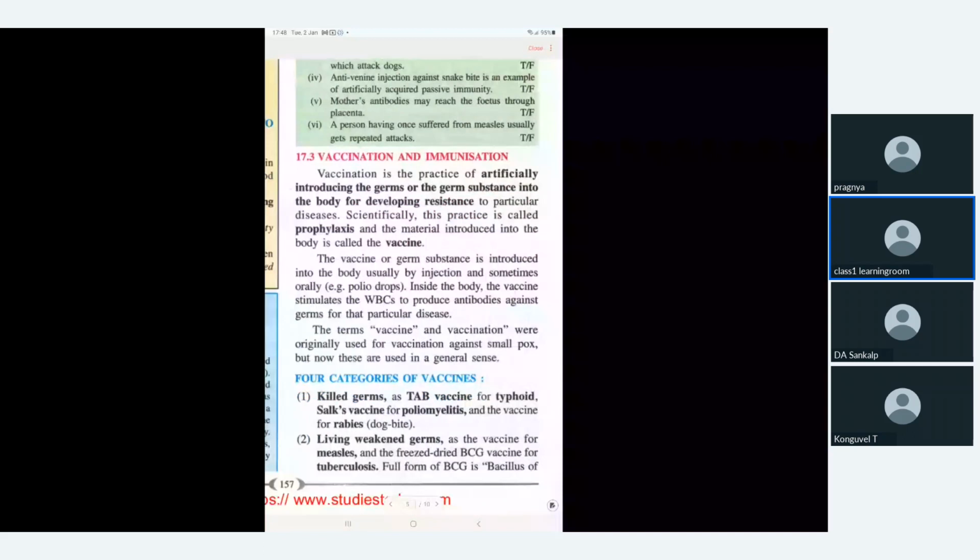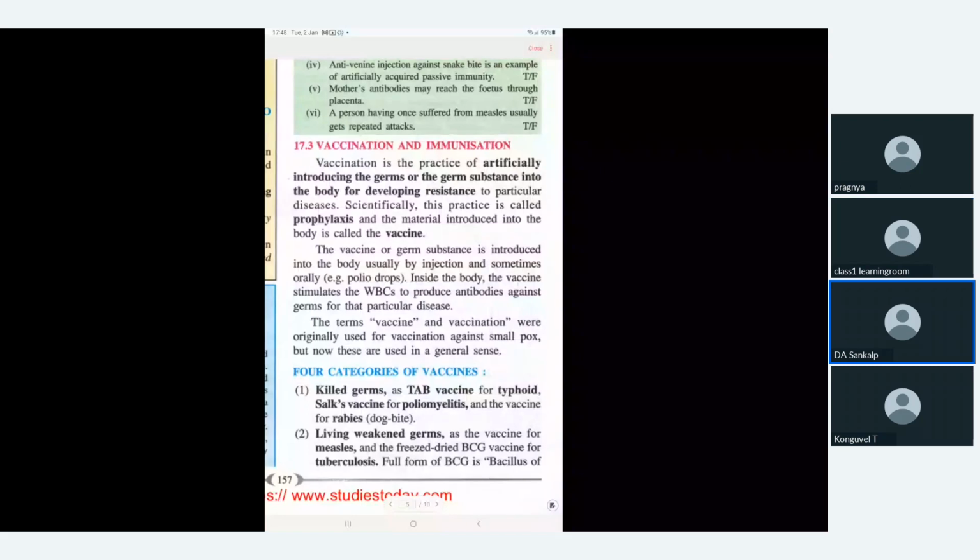Look at that. Killed pathogens. Pathogens are dead. They are not at all alive. That's the first type of vaccine. TAB vaccine for what? Typhoid. Salk vaccine. For polio, you take Salk vaccine.